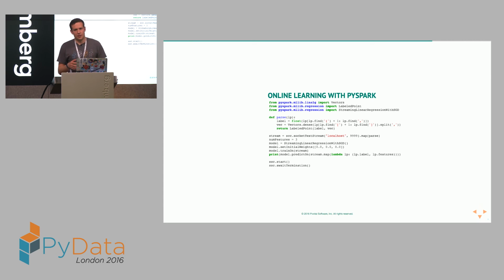Under the hood, MLlib in its streaming algorithms uses foreachRDD and map to make these computations. If you look at the source code, the implementation is actually quite straightforward. One downside with Spark streaming is that it operates on mini batches. That means it takes a chunk of data and then does a computation.